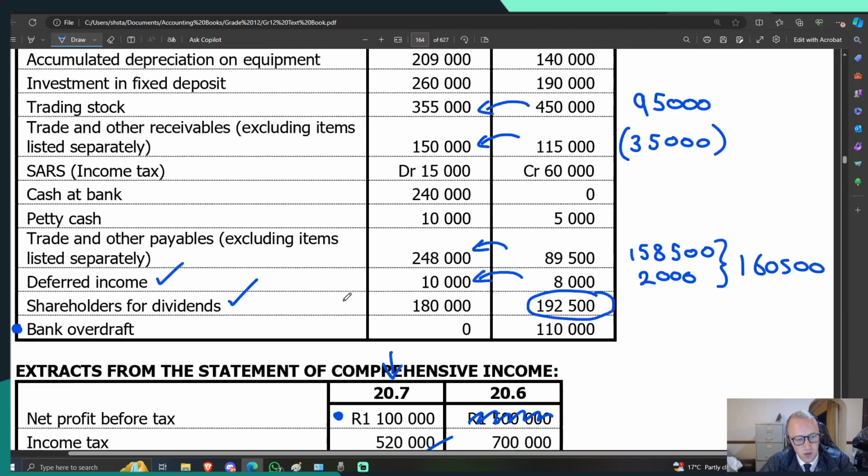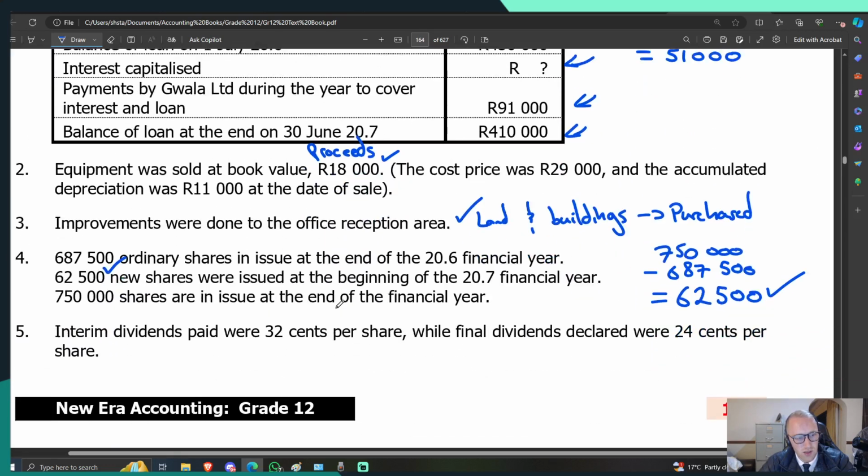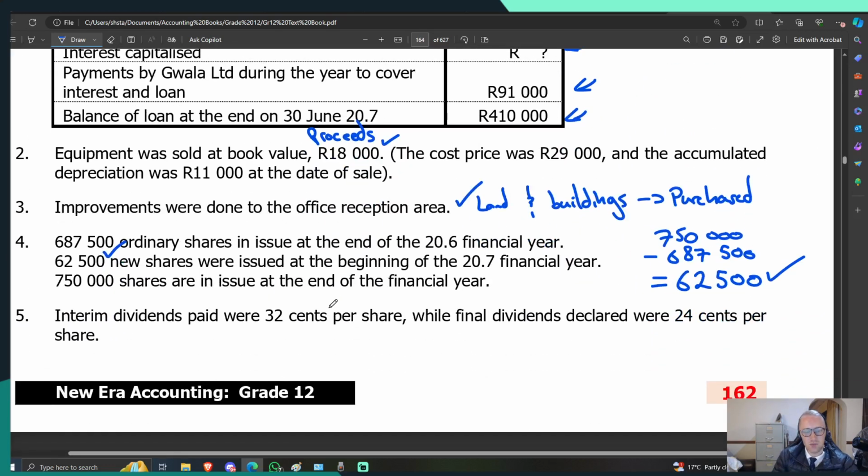Now we need to look at the total amount of dividends that we declared and paid this year. So we're going to go to our dividends information here. It says interim dividends were paid 32 cents per share. Final dividends 24 cents per share. Now we have to consider, do these dividends include or not include the new shares that were issued?